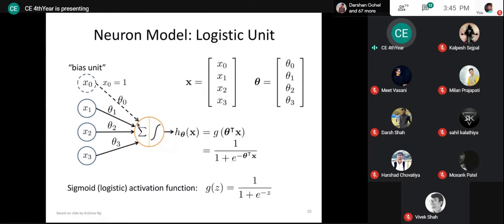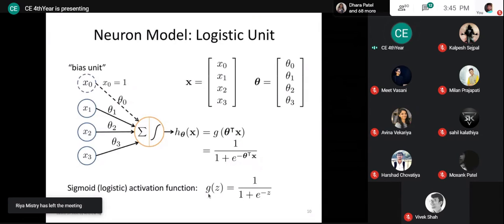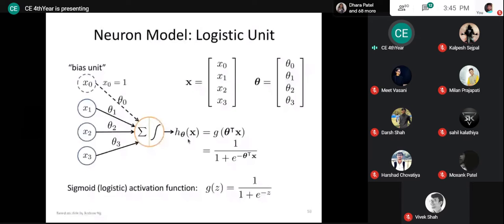For this diagram, the activation is the sigmoid function, or logistic function, and we are very well aware of the formula of the logistic function, which is 1 upon 1 plus e raised to minus theta x. Whatever the result is, this g of z decides the input to the next layer. The same process will be followed by all the layers.